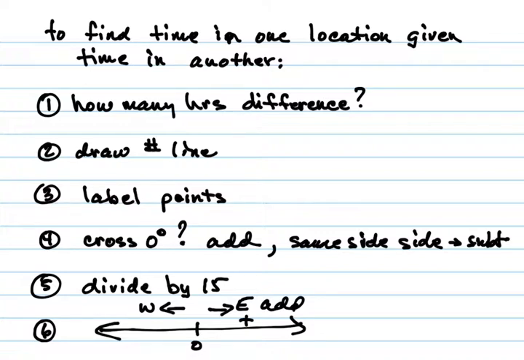Okay? If you go west, you're going to subtract. But again, that makes perfect sense because that's the negative side of the line. So you just need to know how many hours difference, and you're going to count those hours out. Either you're going to subtract them from your original time, or you're going to add them to your original time.